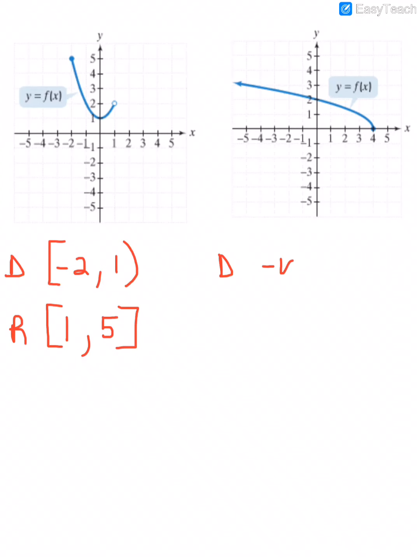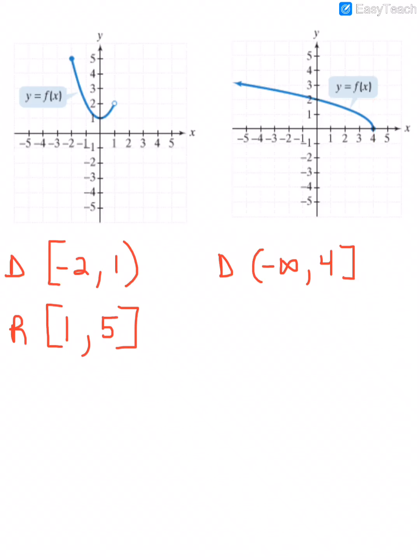That would be -infinity. And if you'll remember, anytime we use infinities, we always enclose them in parentheses. We never use a bracket with infinity. And then if we go to the right, it stops at 4. And we have a closed dot, so we're going to enclose it using a bracket.